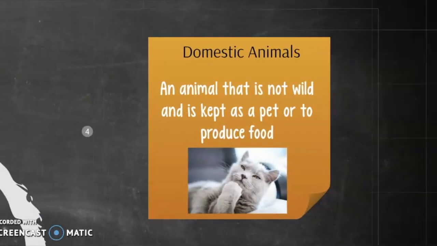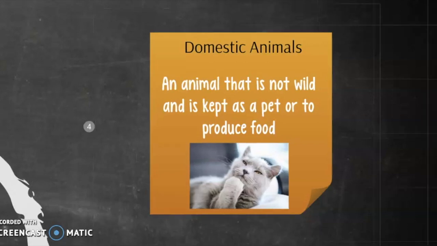Let's start with domestic animals. A domestic animal is an animal that is not wild and is kept as a pet or to produce food. Basically, domestic animals are the animals with whom humans share their lives.